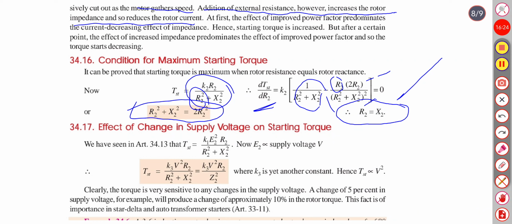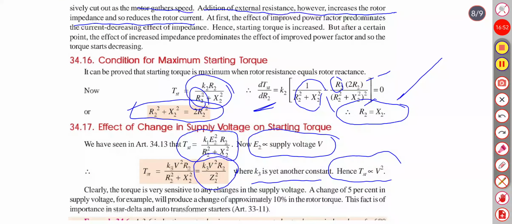Effect of change in supply voltage on starting torque. We have seen that the starting torque equation contains E2 square, and E2 is proportional to the supply voltage. Therefore, T starting can be written as K3 V square R2 by Z2 square, where K3 is another constant, and hence starting torque is proportional to the square of the applied voltage.